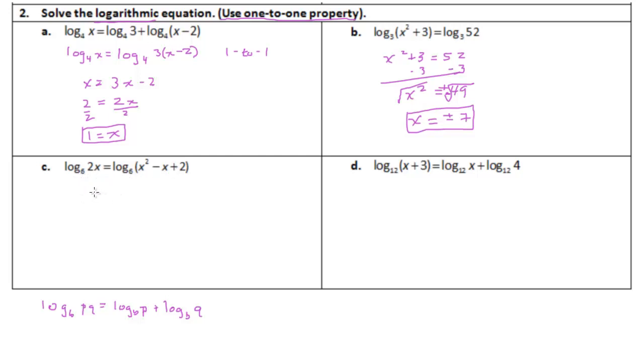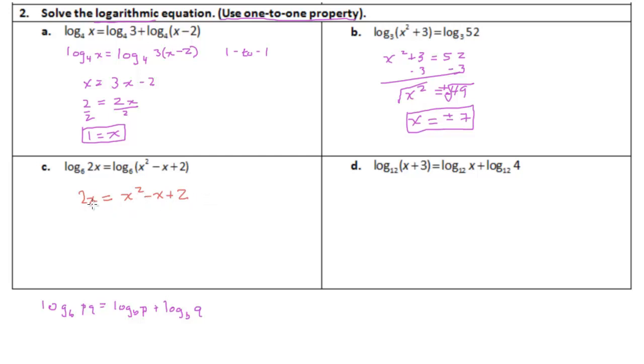Same thing here. Let's go with a different color. I can use one-to-one, so I have 2x is equal to x squared minus x plus 2. I can say that because of the one-to-one property.